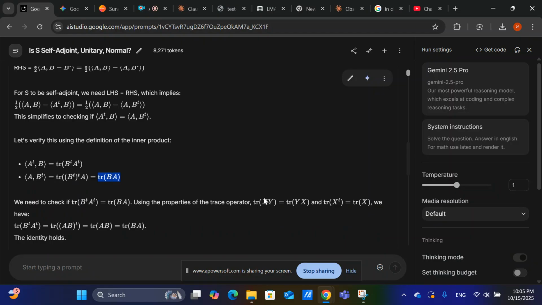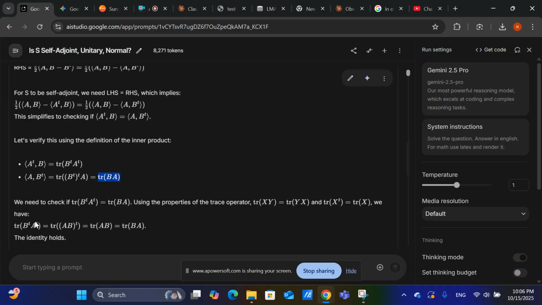The rules for trace state that the trace of XY equals the trace of YX, it is cyclic, and the trace of X transpose equals the trace of X for matrices. So when we look at this, we get that it equals the trace of BA.